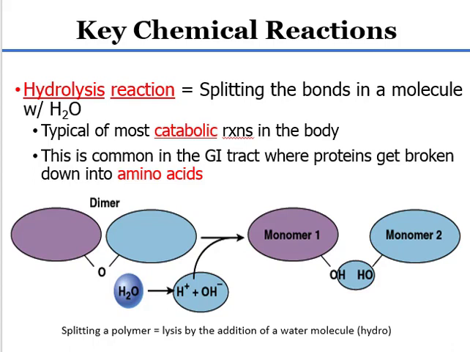We can visualize these reactions by first taking a look at the hydrolysis reaction. This term literally means to split with water. We see how we can break the bonds between the purple and the blue molecules here on the left. To the right, we've added a water, and the two molecules are now separated.